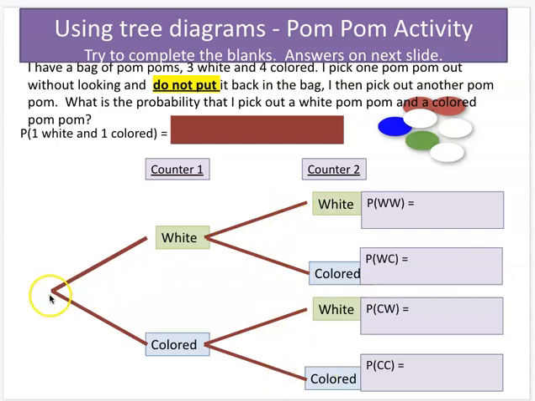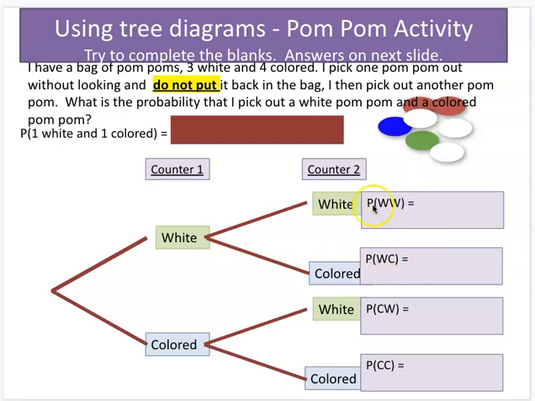So if on the first draw I pulled out a white pom-pom, then I only have 2 white pom-poms left. So now my probability of getting a white one on the second draw is 2 out of 6. I still have 4 colored ones, so I would write 4 out of 6 on this line.